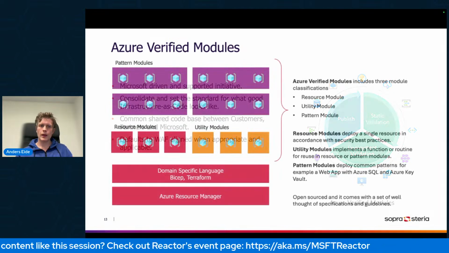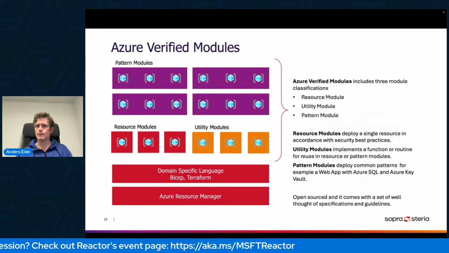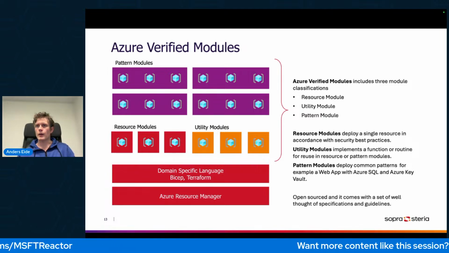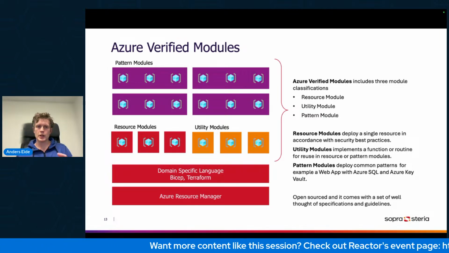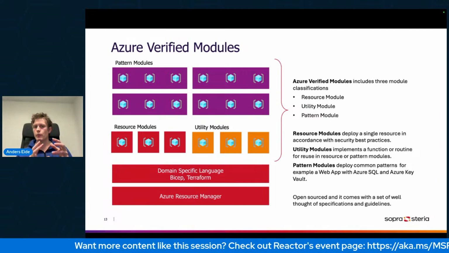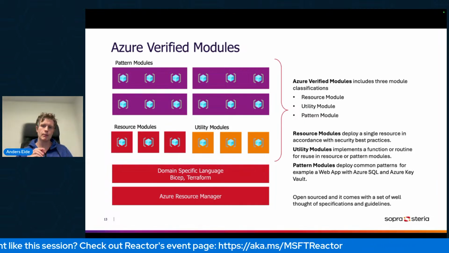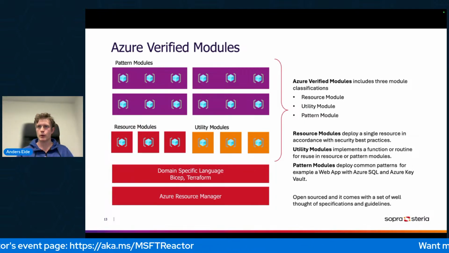So Azure Verified Modules is built up by 3 different module types at this point. So you have resource modules, which are smaller module packages, built for one purpose, and that's deploying their resource in the best practice and the most secure way possible.